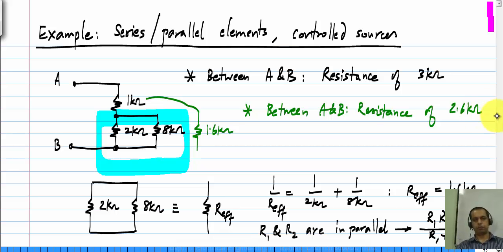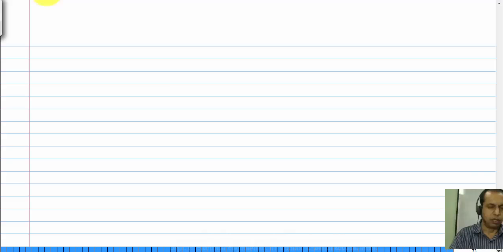Okay. So quite simple. Now I'll show another simple example with control sources.